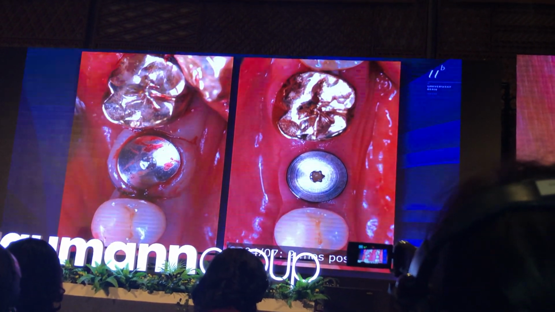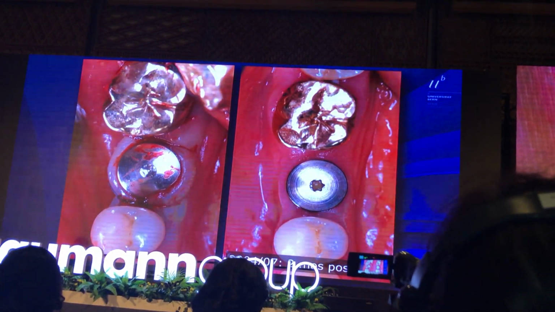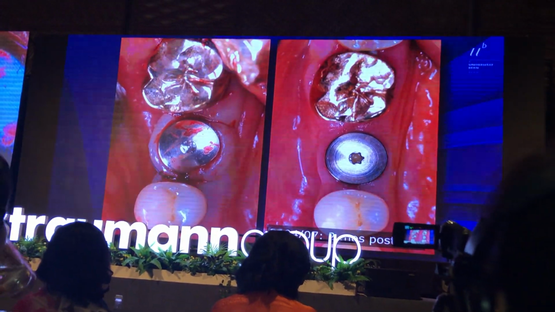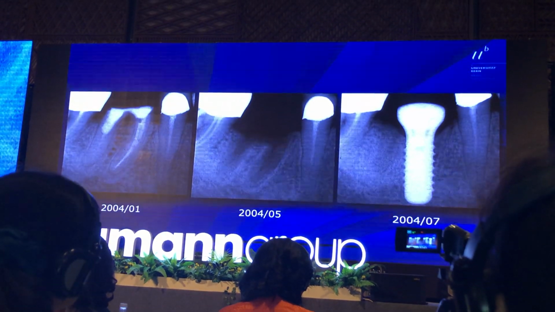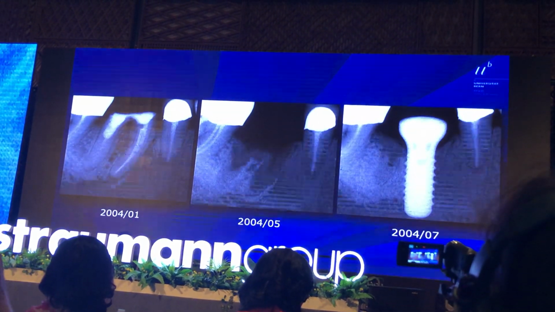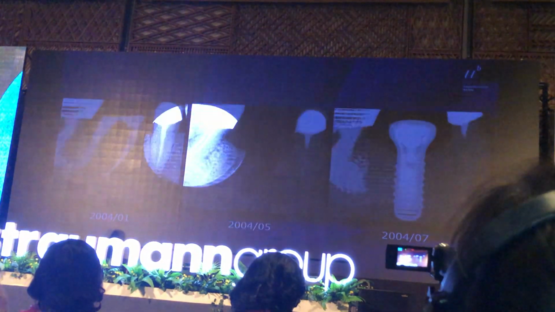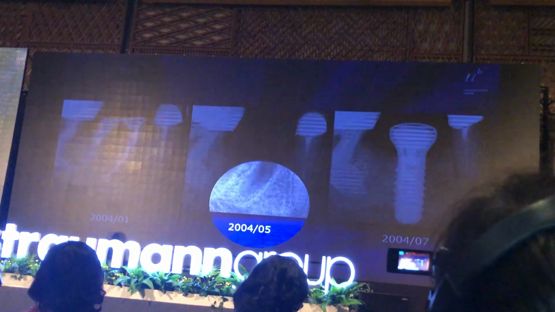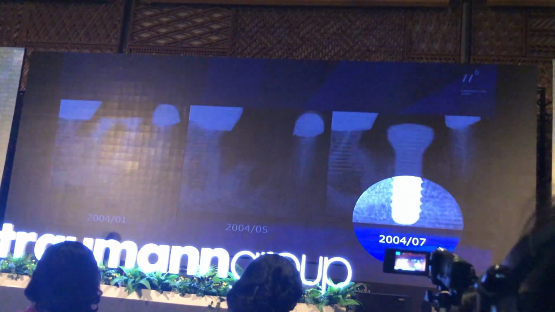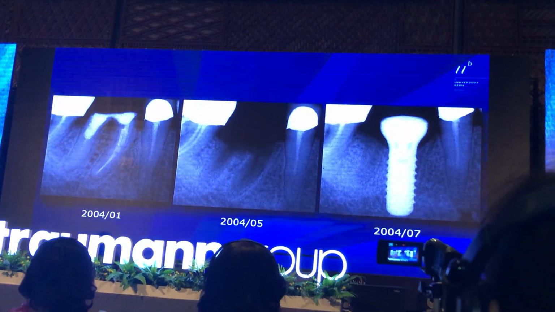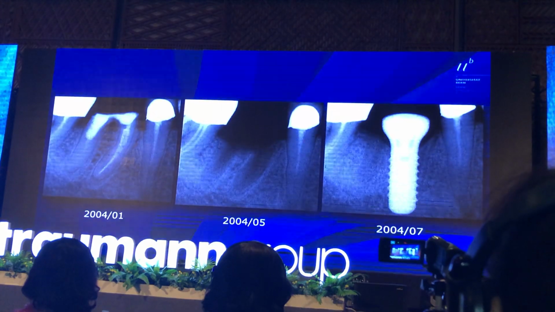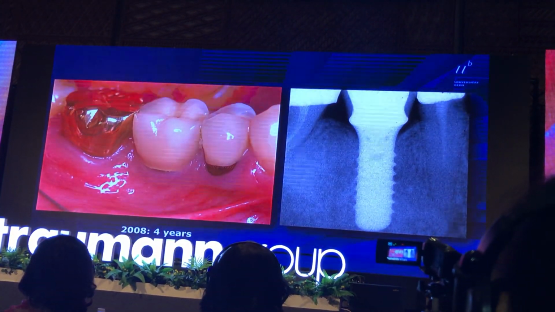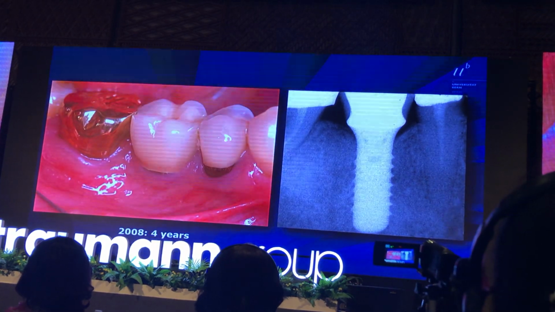And you see here the patient 2004, that was an SLA surface, not as selective. Reopening, here you see then the follow-up of the radiographs. This is in January, 4 months later, implant placement. And then another 4 months later, we have the implant placed. Here you see the implant inserted, that's a 4-year follow-up.